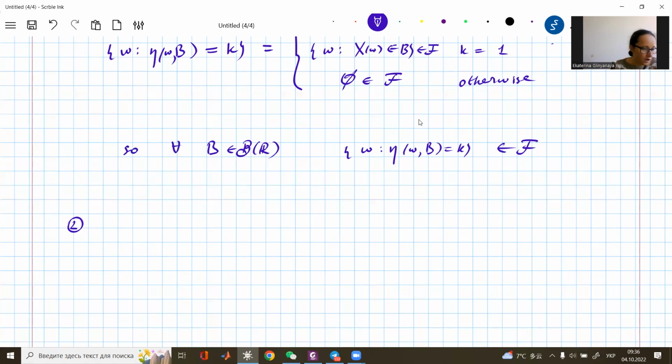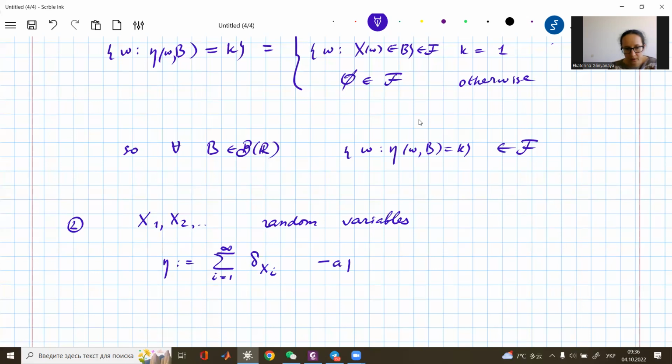If I have x1, x2, and so on, random variables, and I consider eta, which is equal to the sum of delta measures at points xi, then this will again be a point process.